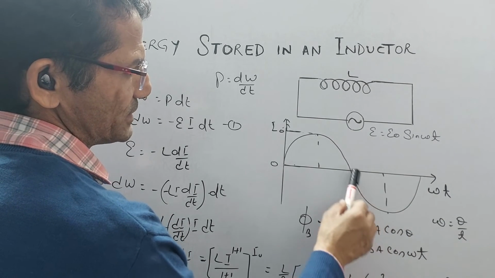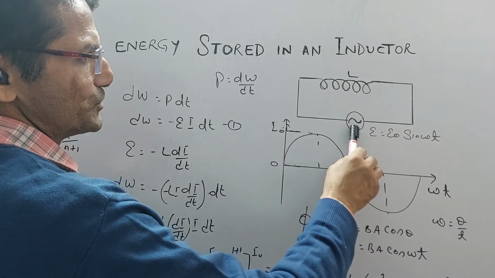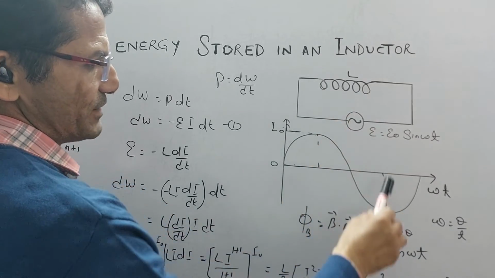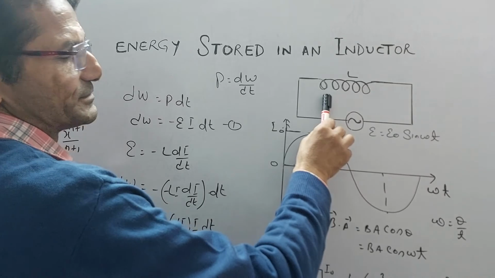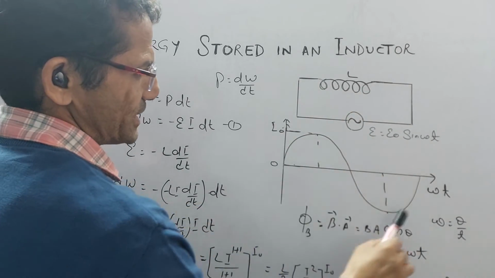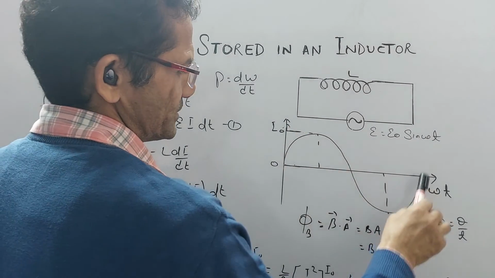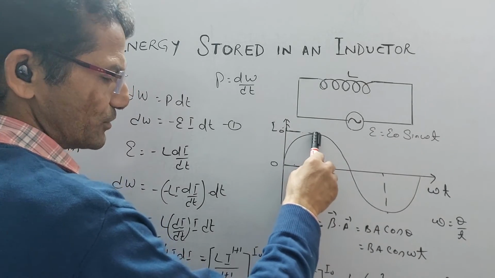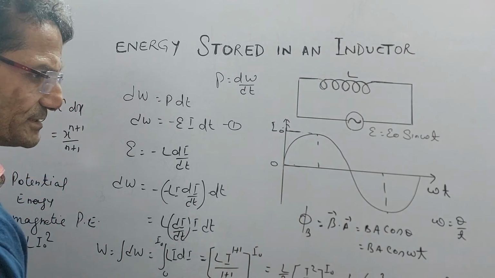In the third quarter, energy is again given by the source to the inductor in the form of potential energy, and in the fourth quarter, this energy stored earlier in the magnetic field is returned back to the source. So in a complete cycle, the net work done is 0. There is no net work done in the complete cycle, but in a quarter cycle there is some net work done, which has the value of this one.